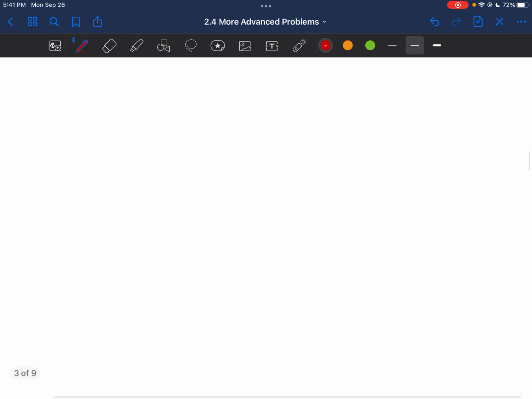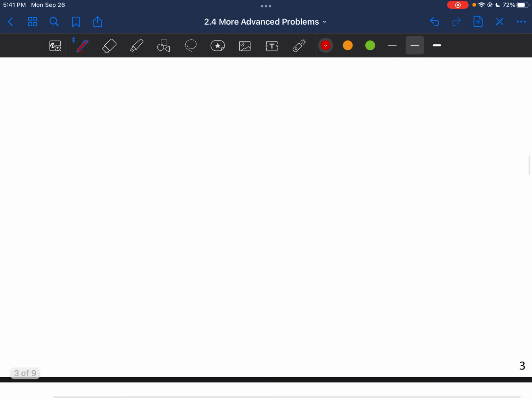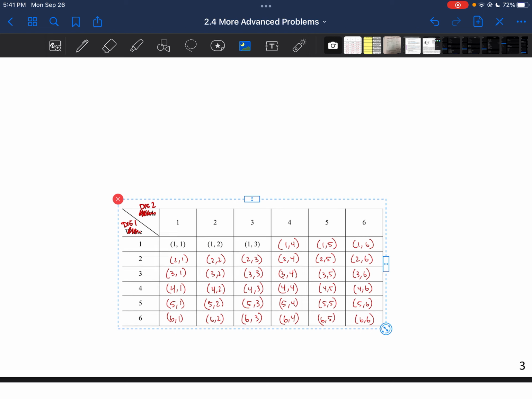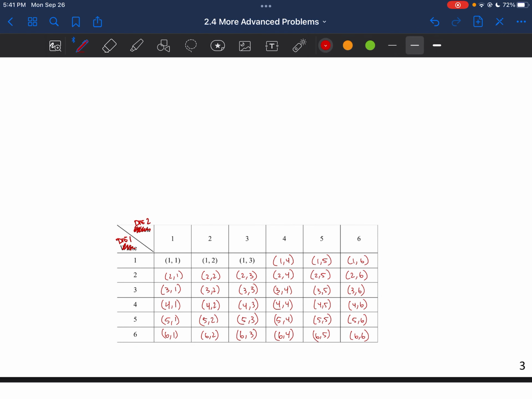It is going to be helpful again to have my table ready. That just shows me all my probabilities for rolling 2 dice. So rolling a 9 would be here, here, here, and here. So there's 4 ways that I can roll a 9 out of 36.